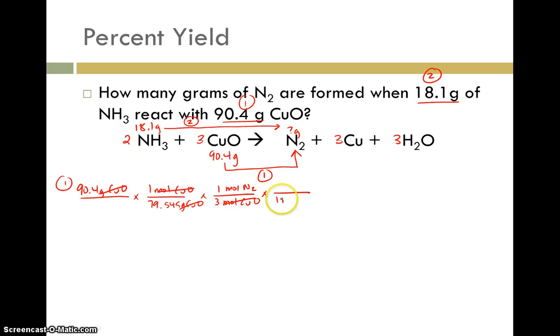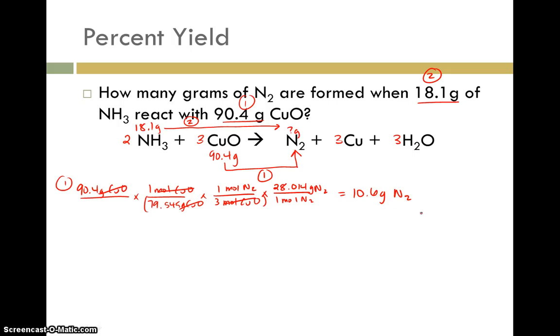So I have my 1 mole of N2 that goes on the bottom, and I'm going to add 2 of my nitrogens together to get a mass of 28.014 grams of N2. I'm then going to punch that in my calculator to get an answer. So I'd multiply 90.4 times 28.014, and then I would divide by this guy in parentheses on the bottom. When you do that in your calculator, you get 10.6 grams of N2.